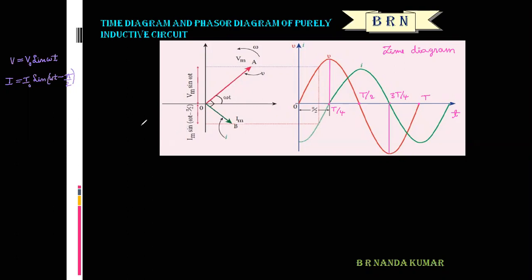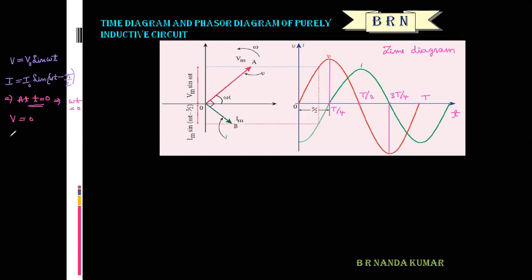Okay, so at time t is equal to 0, what is the voltage? Voltage V is equal to 0, since omega t is equal to 0.